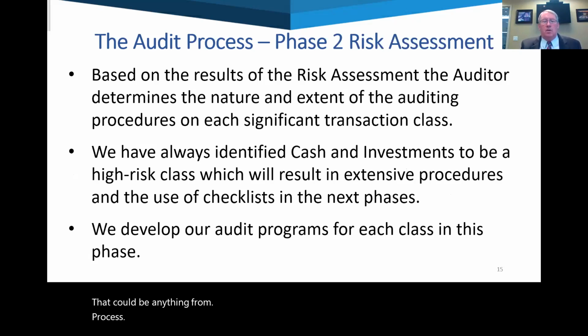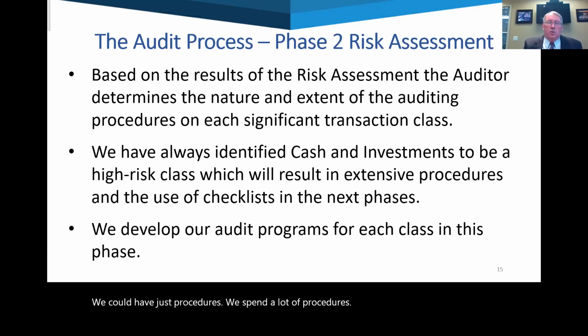The nature and extent of the auditing procedures in each significant audit class, transaction class. We may design things because of the significance and the dollar level of a particular transaction class. We could have just normal audit procedures, we have extended audit procedures, and we have limited audit procedures.